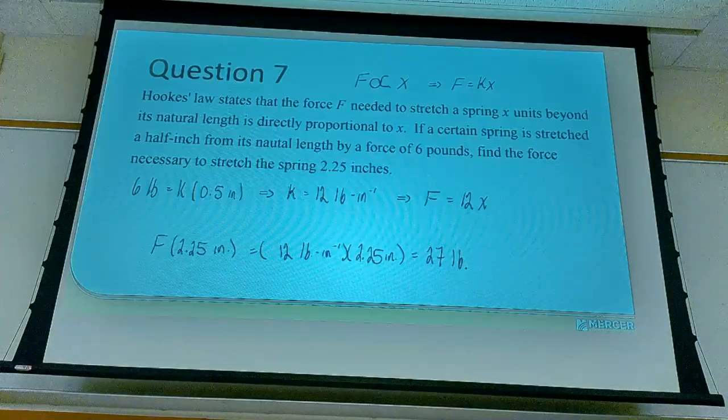Units for force in the empirical system is the pound. So it takes 27 pounds of force to stretch the spring 2.25 inches. It's actually a pretty strong spring.